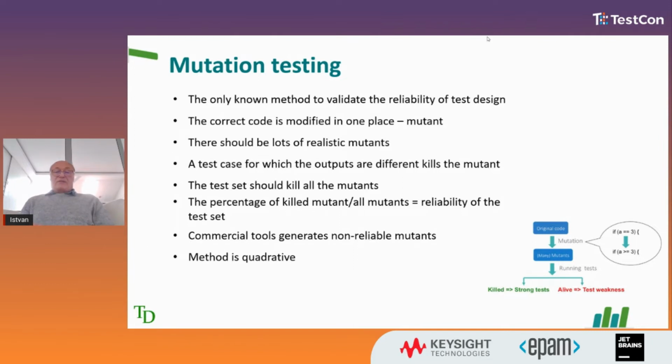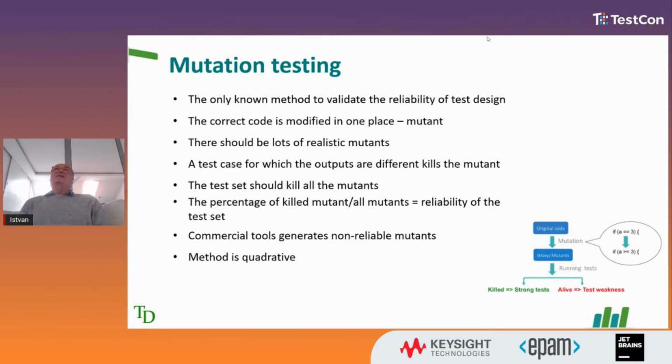Usually it's not the case, and in this case, the percentage of killed mutants divided by all the mutants is the reliability percentage of the test set. There are several commercial tools to generate mutants.